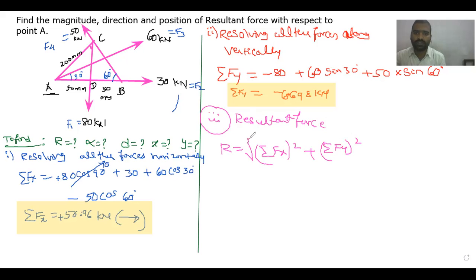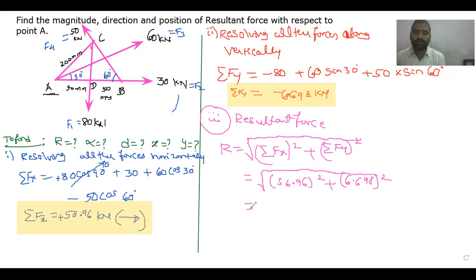Okay, so you have to take the under root. Substitute the values. Sigma fx, you are going to take the magnitude only, that is 56.96 square plus 6.698 whole square.